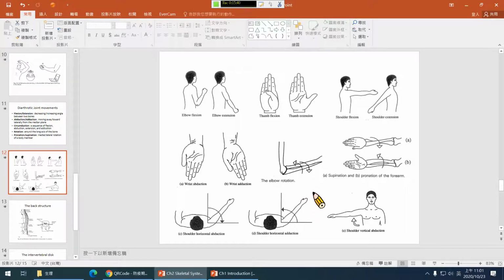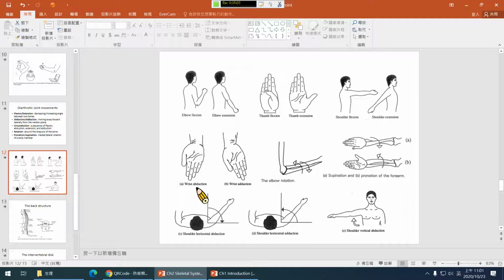Then, how about this? Why is this wrist abduction? Come back to anatomical position.